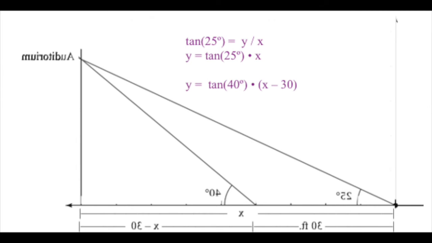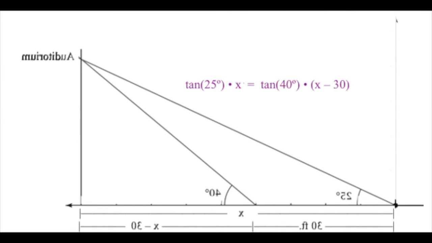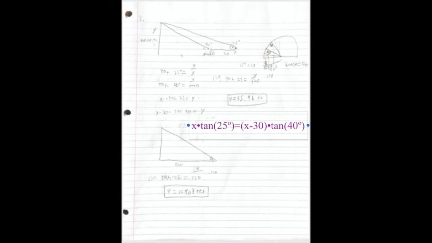I'm going to take the 2 algebraic expressions and make them equal to each other and make y go away. Now I have an equation in one variable that I can solve. First step, cross multiply. I get x times the tangent of 25 degrees is equal to x minus 30 times the tangent of 40 degrees.